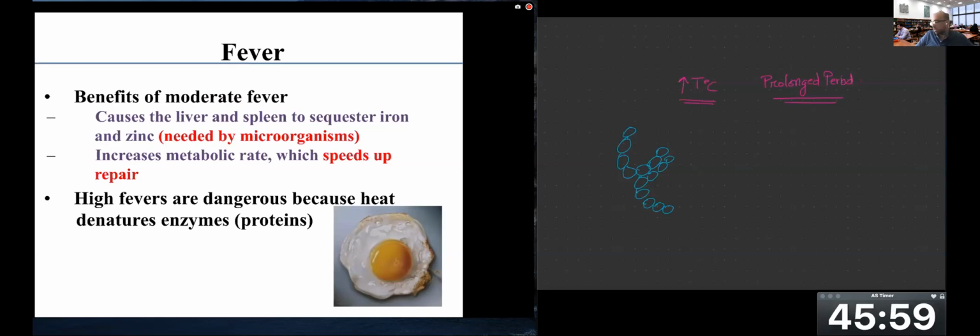So let's say this is an enzyme that looks like this at normal body temperature. If I increase the temperature, it's as if I am heating the egg white. When you heat the egg white, rather than being liquid and clear, it turns white and solid.